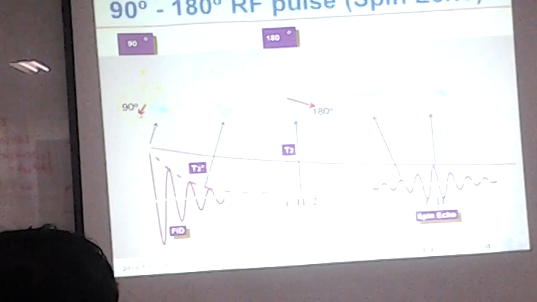After the 90-degree RF pulse, the magnetization flips 90 degrees to the transverse plane. So this transverse component of magnetization generates the FID signal like this, and the FID signal decays according to the T2 star relaxation times.